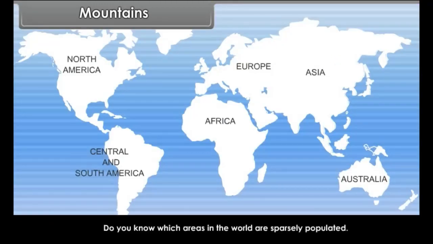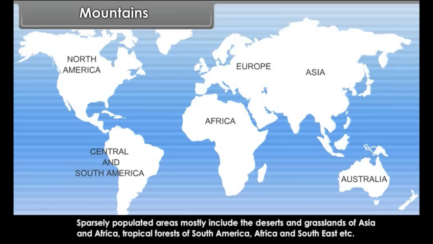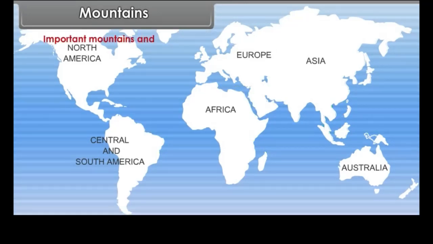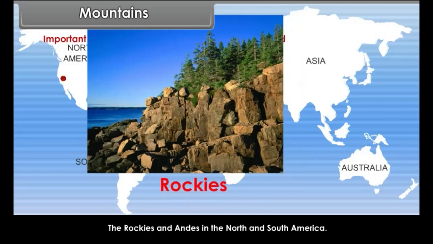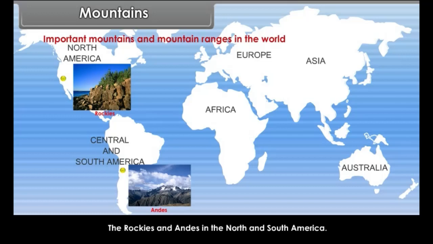Do you know which areas in the world are sparsely populated? Sparsely populated areas mostly include the deserts and grasslands of Asia and Africa, tropical forests of South America, Africa and Southeast Asia, etc. Some of the important mountains and mountain ranges in the world: the Rockies and Andes in North and South America.